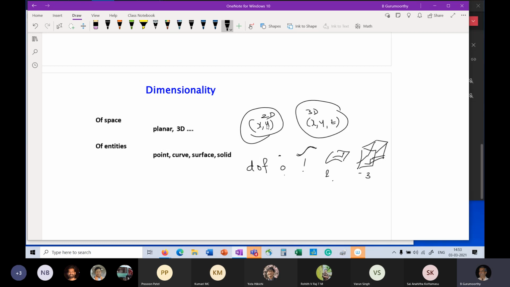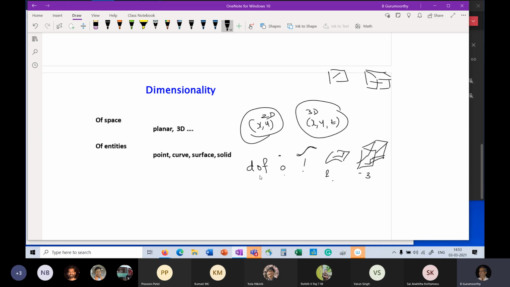Clearly, the curve can be in the plane, and can be out of the plane as well. That's where this name of space entities came, because some entities can exist both in a plane and out of plane. So a line can be like this, a line can be like that.